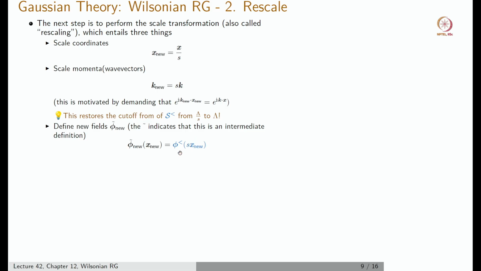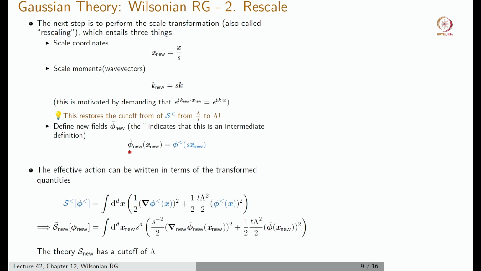So I have phi less than, and to find the value of the field at x nu, I find the original coordinate which came to x nu. That is s times x nu, and I take the value of the long wavelength piece of the field at that point, and that is how I construct this intermediate field. Now you will see in a minute why I call this intermediate.